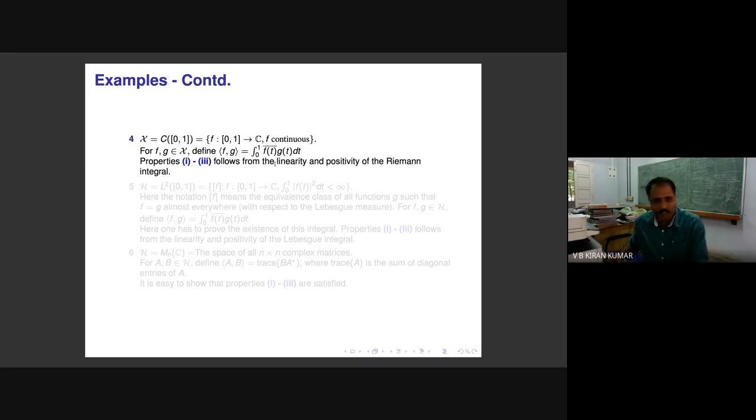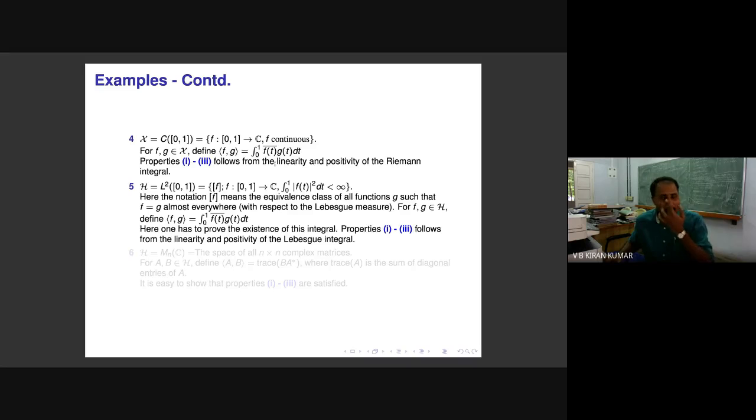Now let us go to the most important example. But let me caution you, if you are not familiar with measure theory, you should just neglect what I am saying about measure. I will not discuss measure in detail. But just keep in mind that on the real line there is a measure called the Lebesgue measure, which is translation invariant and has several properties.